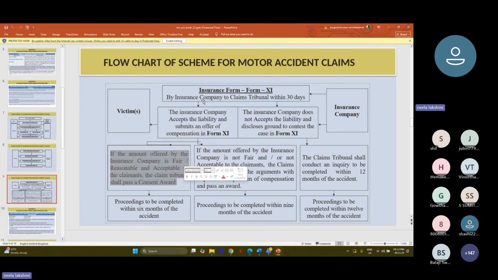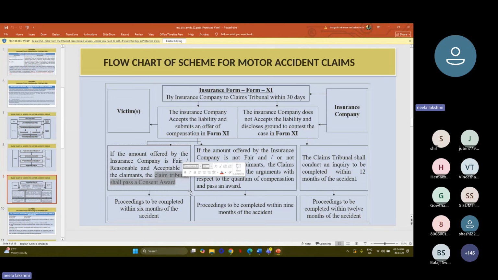If the claimant also agrees and accepts that amount, the tribunal would pass a consent award like our Lok Adalat awards, because it is consented between the parties, the insurance company and the claimants.